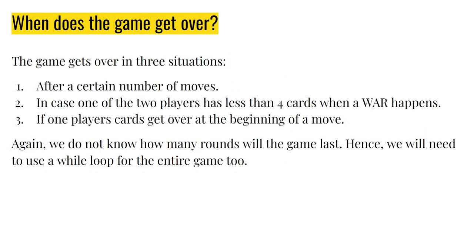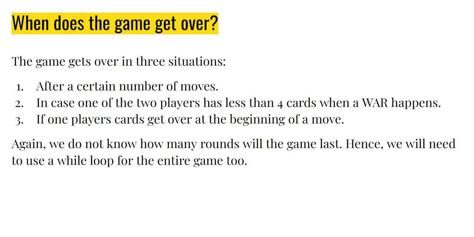Now, one question that comes up is, when does the game get over? Actually there can be many more situations, but for this basic game, we are taking these three scenarios. We say that the game gets over after a certain number of moves, because this game can actually go on forever. If the cards don't get over, then it can really go on depending on how the cards move. But let's say at the end of certain moves, we are going to end this game, because that's logical.